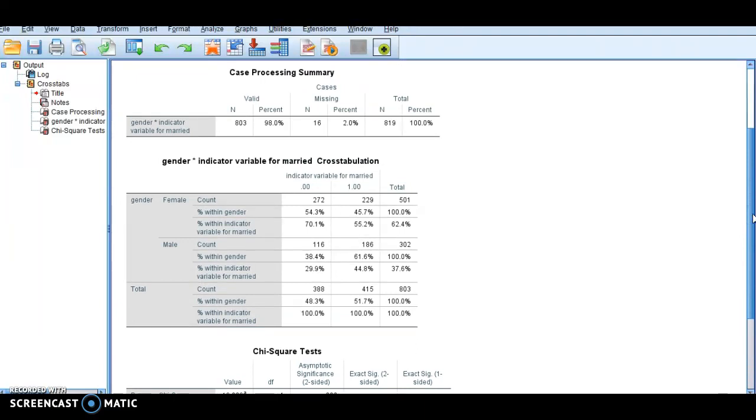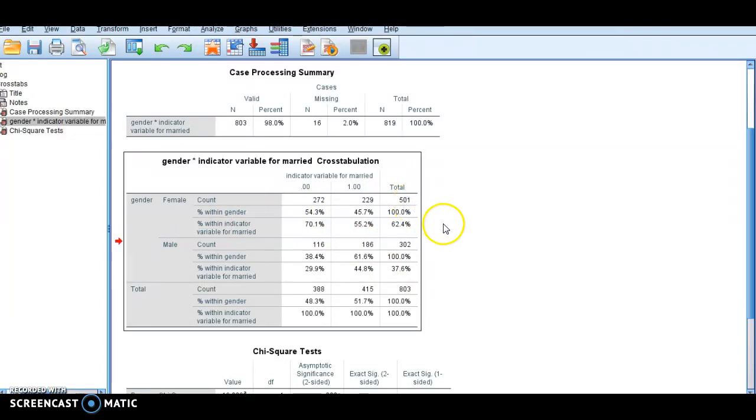So for example, if we look at the females who participated in this study, of the 803 that completed both the gender question and the marital status question, 803 completed both of those items, 501 of those were female, which is what we have right here.